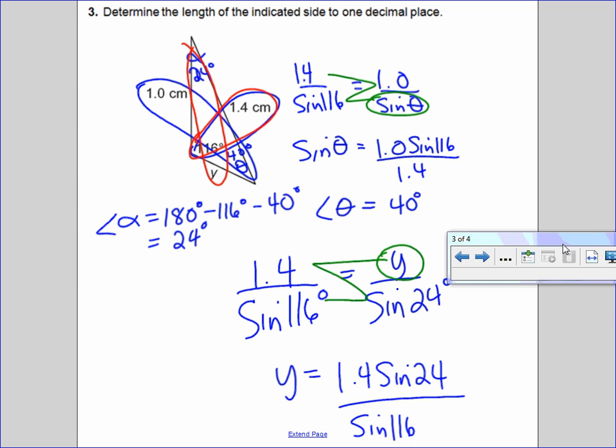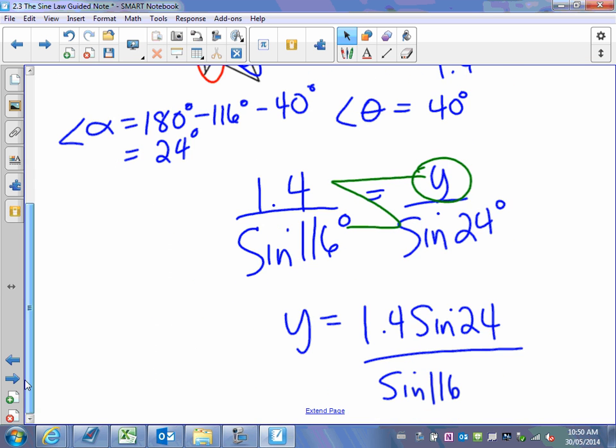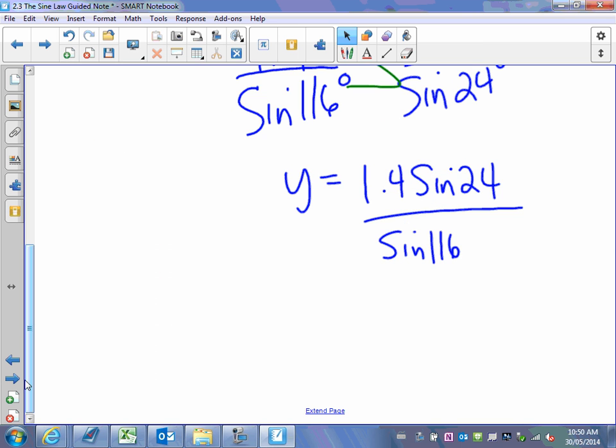This is the hardest type you will get of this, I promise. So now all I do is on my calculator do the work. So 1.4 times sine 24 equals, then divide it by sine of 116, hit equals.